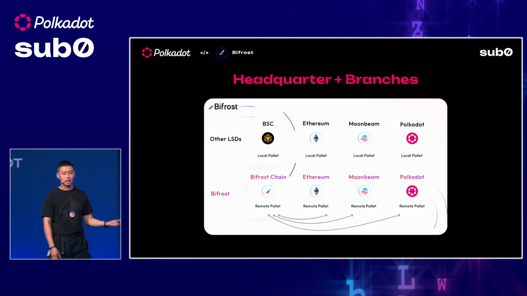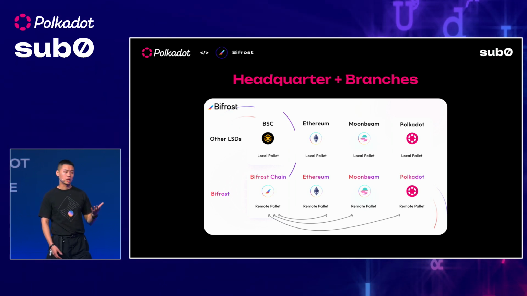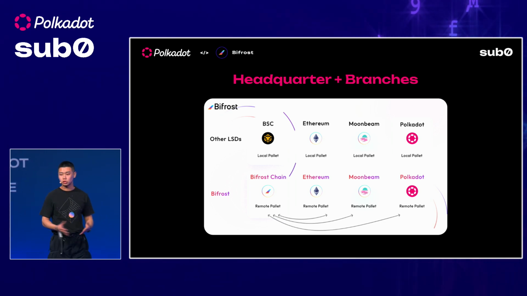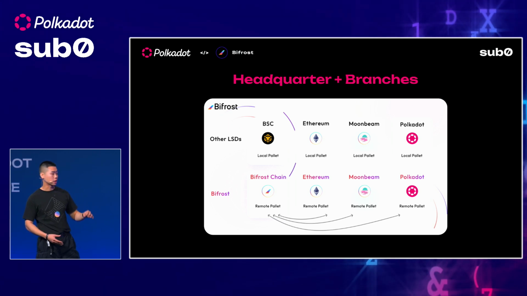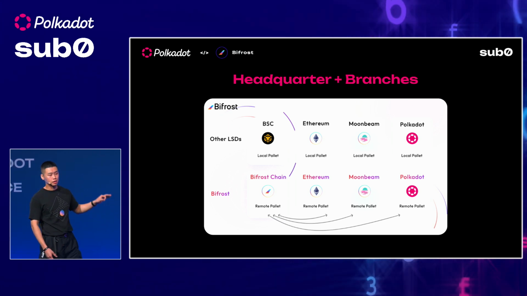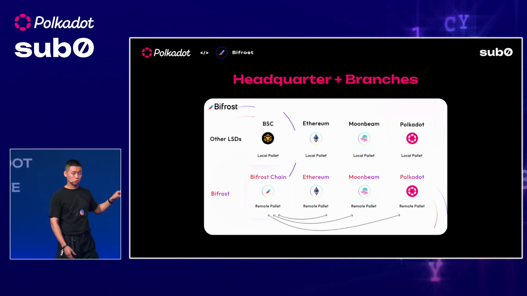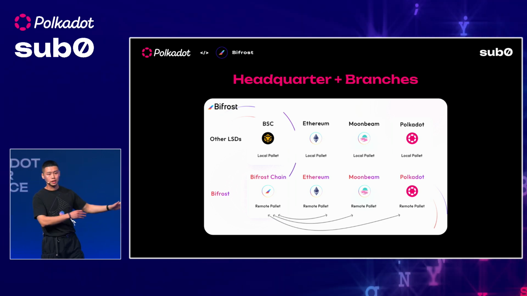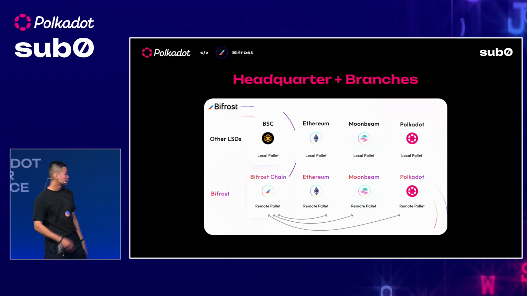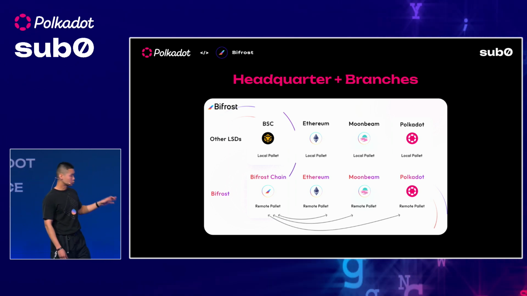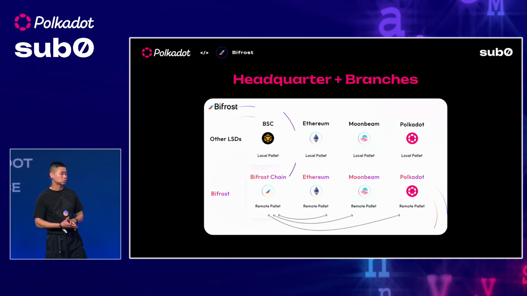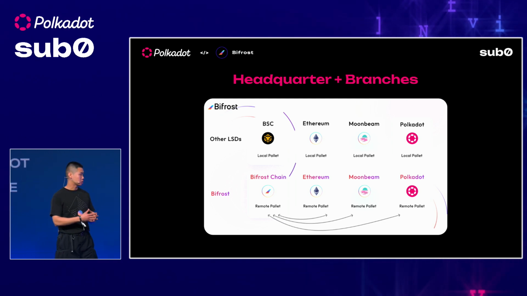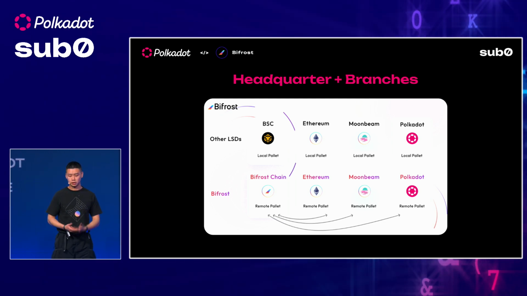Bifrost itself has manufacturing ability and delivering ability, which means all the V tokens are our products, and these products can be easily teleported to a source chain via XCM or via an external bridge, via the bridge hub. This makes things easier for users to interact bidirectionally with Bifrost and the source chain.